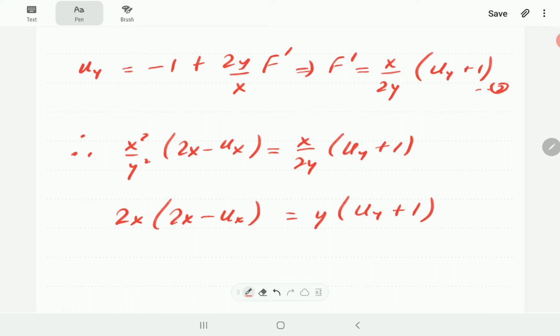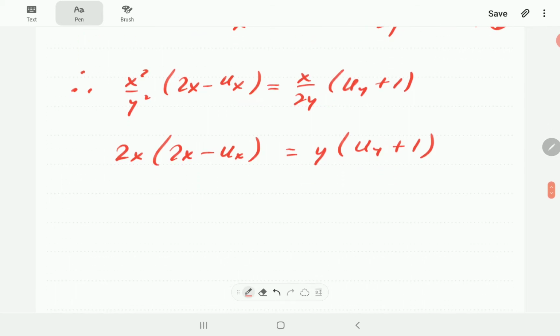So if you just multiply everything by y squared, then divide, actually if you multiply by 2y squared, then you divide by x, then this is what we're going to get. And then if we expand these brackets, this is what we're going to get for x squared minus y.